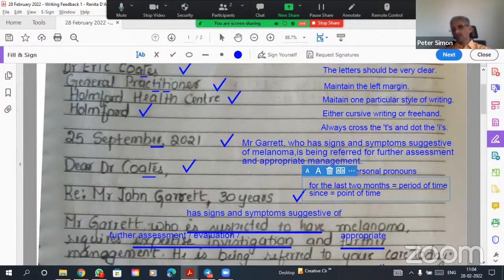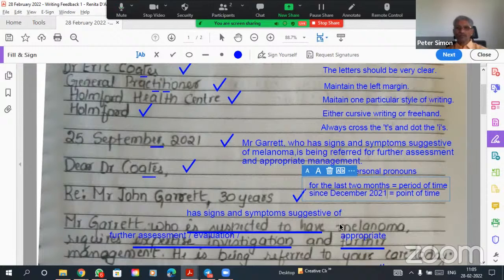Since is a point of time. Since December. Now this is February. So January. Since January, or since December. Now this is January, so 2 months back, that is since December 2021.